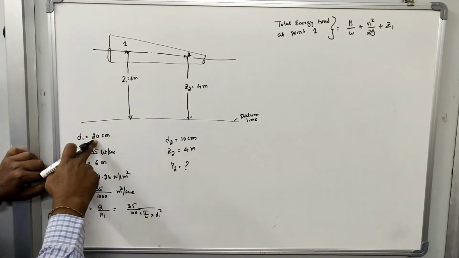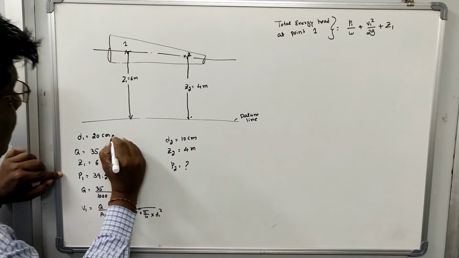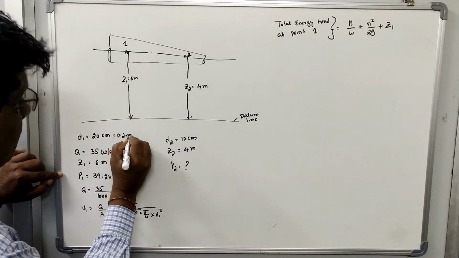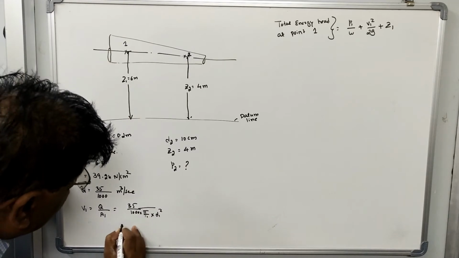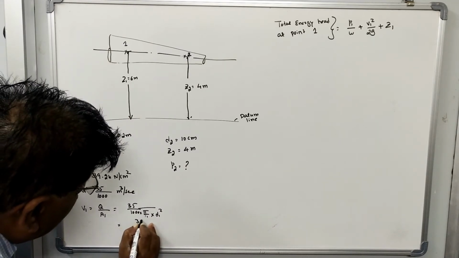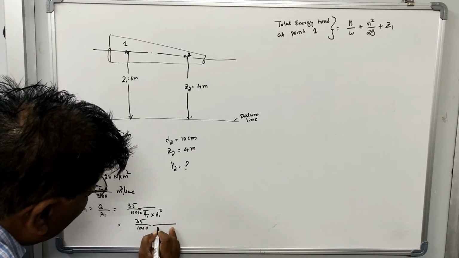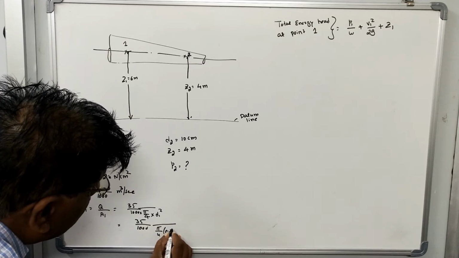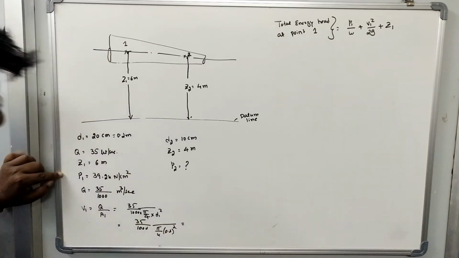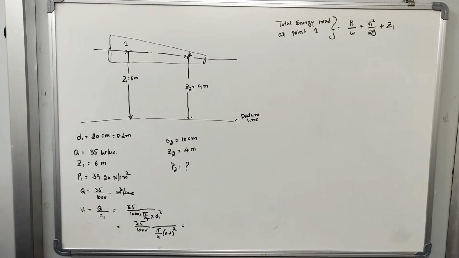D1 is 20 centimeter, which in meter is 0.2 meter. Substitute that: 35 divided by 1000 divided by pi by 4 into 0.2 square. Simplifying, you will get V1 is equal to 1.114 meter per second.